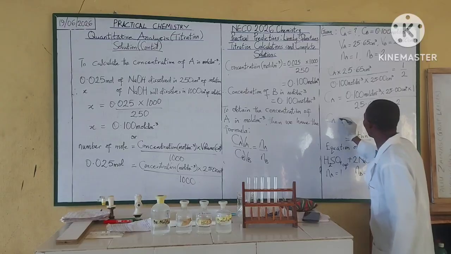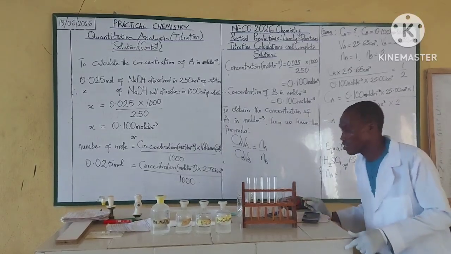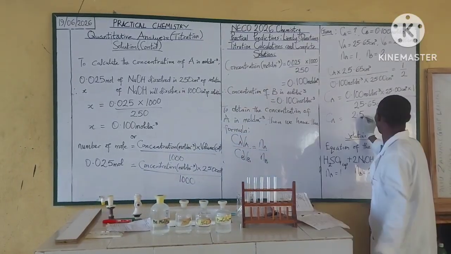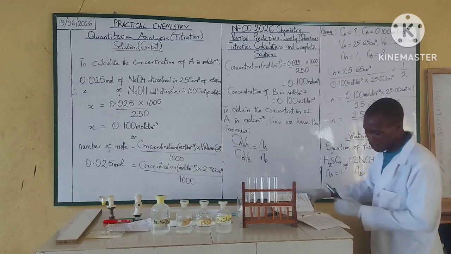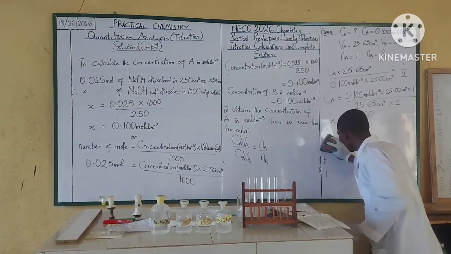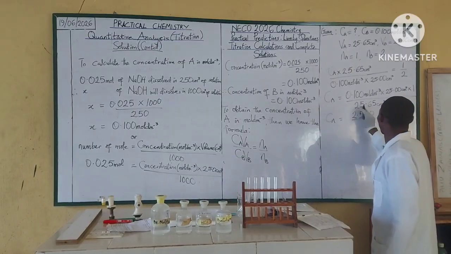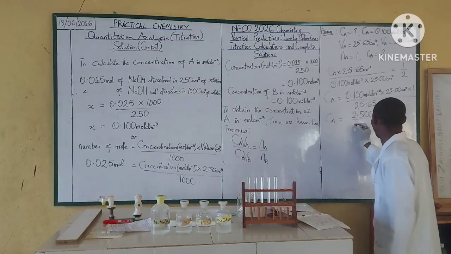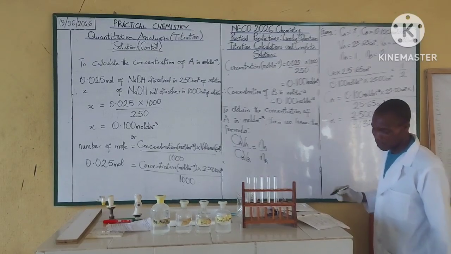Our CA will now be equal to, you multiply what we have over there, 0.0, 3 decimal place, divided by 25.65 multiplied by 2, that's going to give us 51.30.